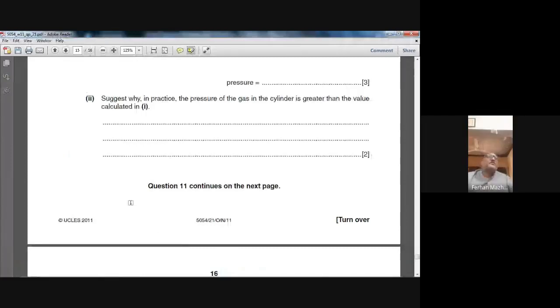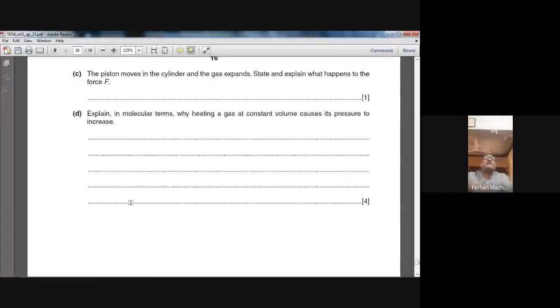Okay, so we are moving to question number 11, C part. It says the piston moves in the cylinder and the gas expands. State and explain what happens to the force F. When the piston moves, the gas will expand. You see, the volume of the gas will become larger.